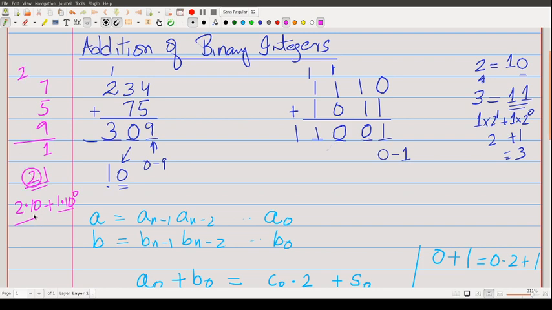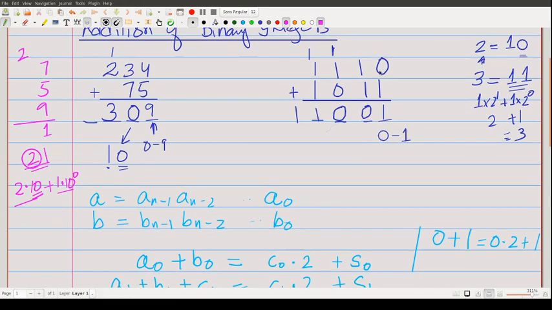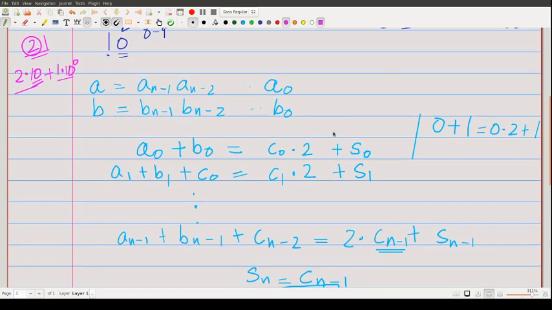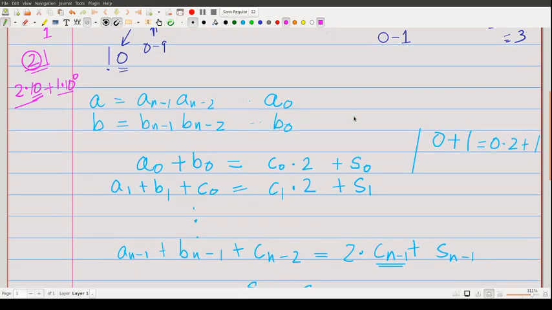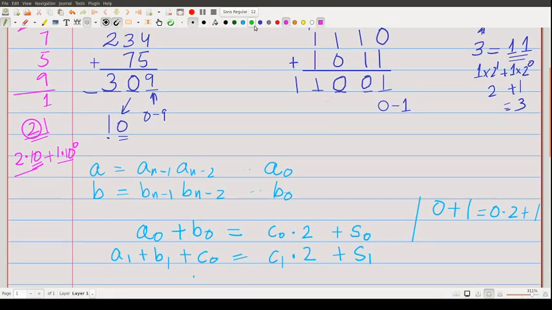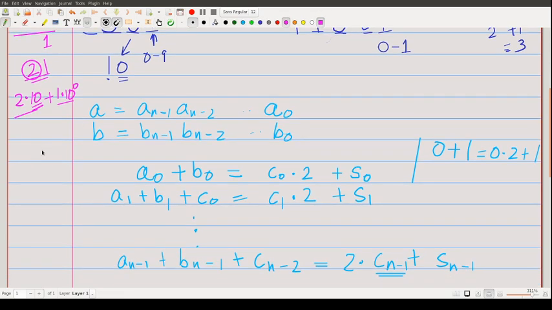Now the idea is that you're looking at multiples of 10 here, because you are in decimal representation. When you come to binary representation, you're looking for multiples of 2. So the carry will be a multiple of 2. For example, if you add 3 digits, 1, 1, and 1, you would check what the result is.